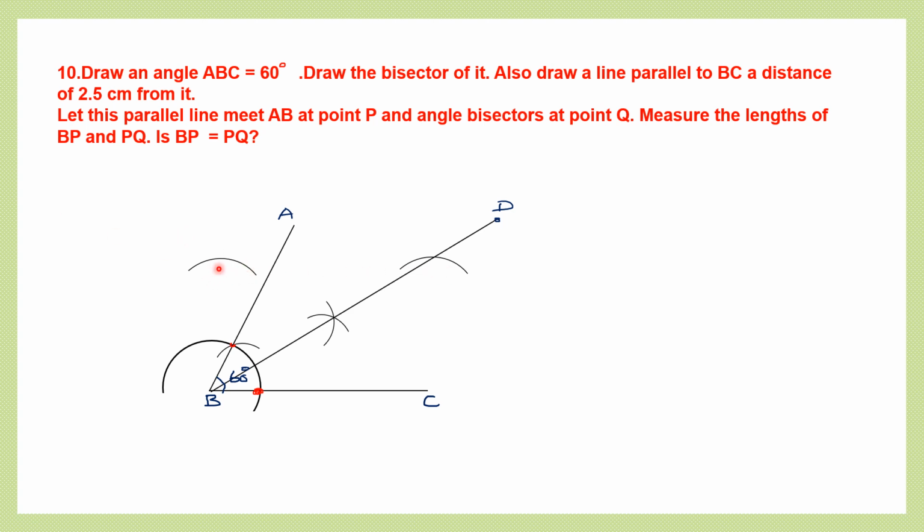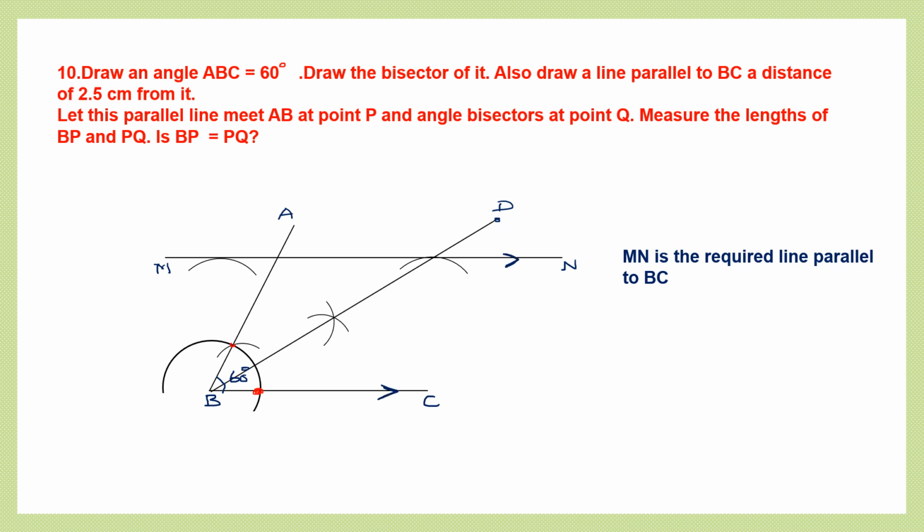Now let's draw a line touching the topmost part of these two arcs. We have this line drawn, and let's name it MN. This is M and this is N. That means MN is the required parallel line to BC. So let's mark that: MN is parallel to BC.